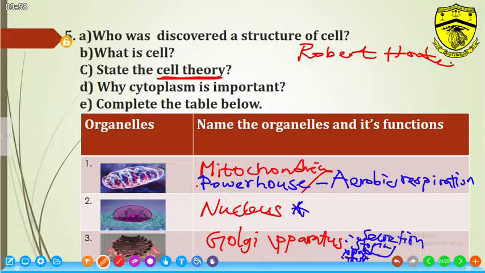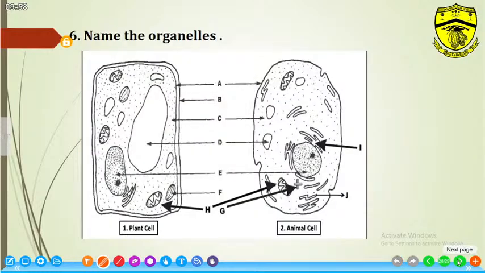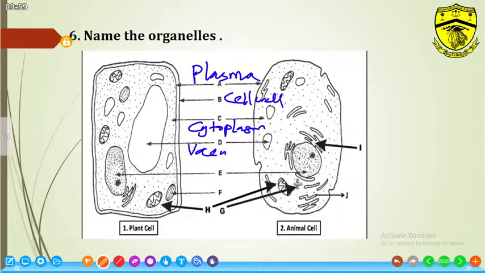And next, we discuss the names of the organelles. This is a common part here. So, plasma membrane or cell membrane. This is the cell wall. C is called cytoplasm. D is the vacuole.